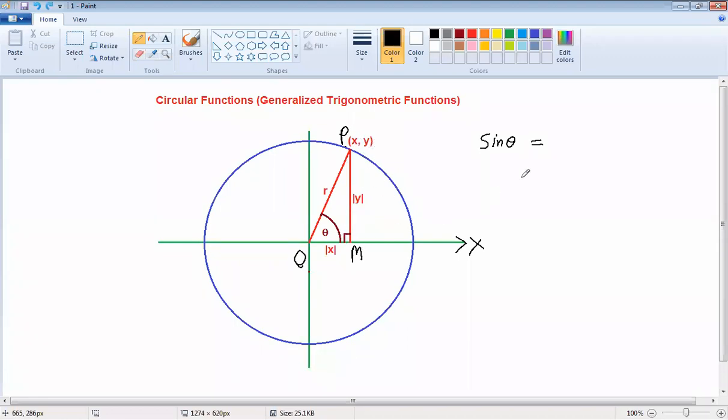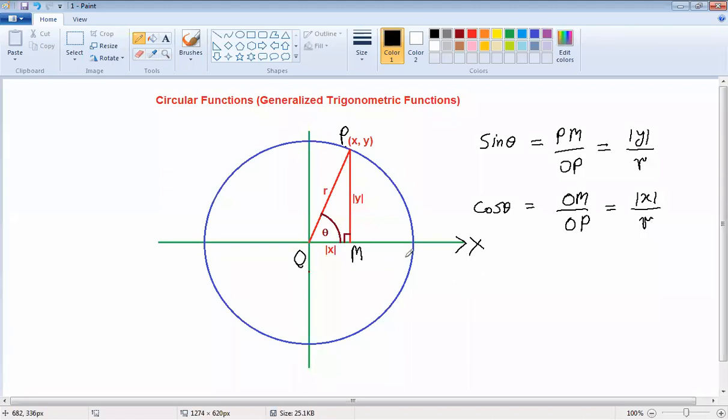So originally sine theta was this perpendicular PM divided by the radius OP. So PM is actually mod y and radius r. And cos theta was originally defined as OM divided by OP, meaning base divided by hypotenuse. So that is mod of x divided by r.